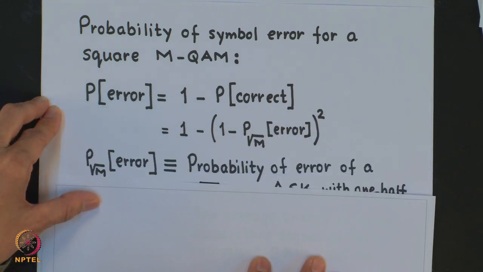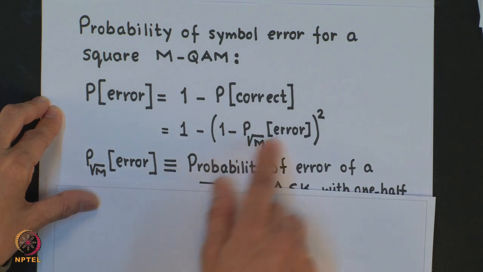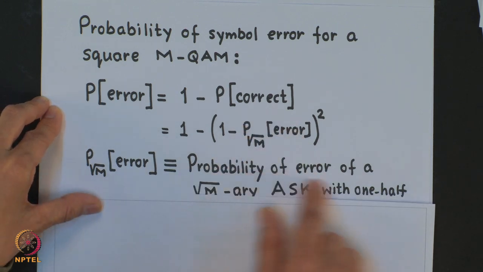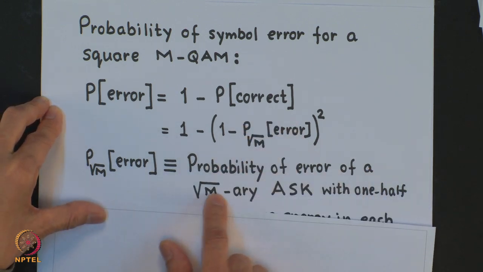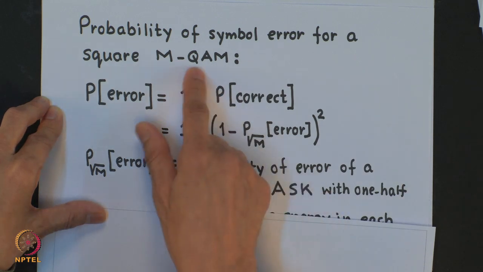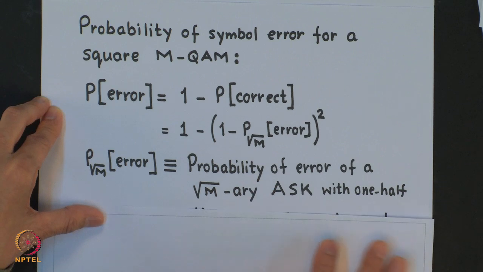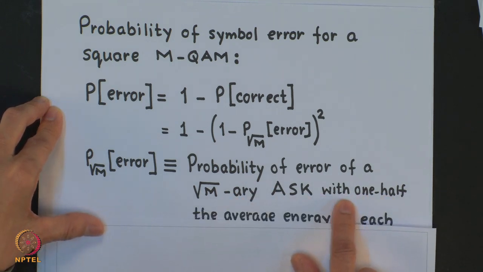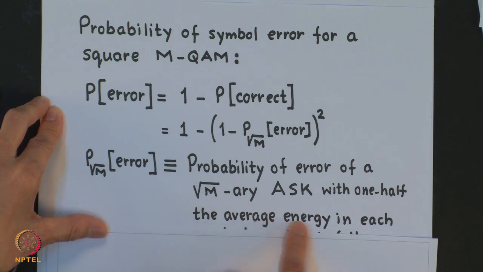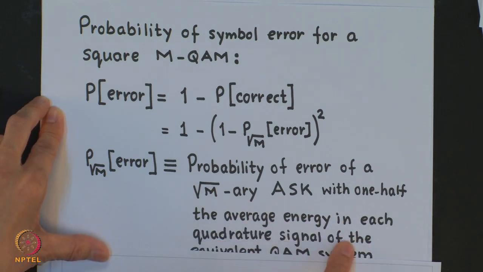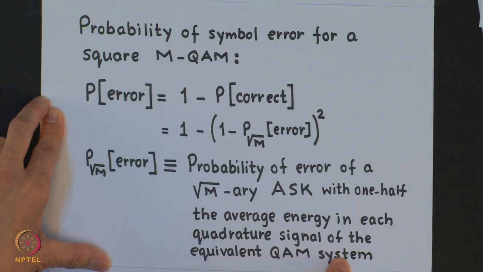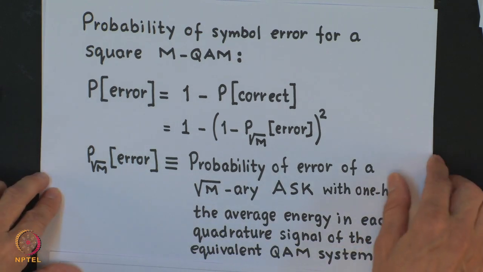So, this is the probability of error of root M-ary ASK. We are assuming M to be a square constellation, and this will have 1/2 the average energy in each quadrature signal of the equivalent QAM system. Now, let us quickly recollect the MSK signal error probability.